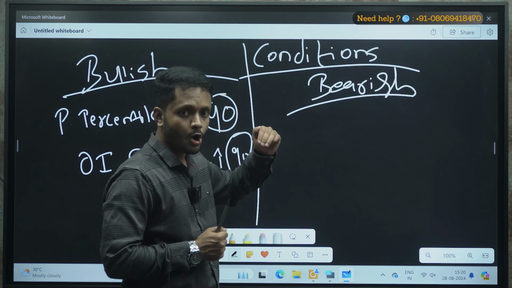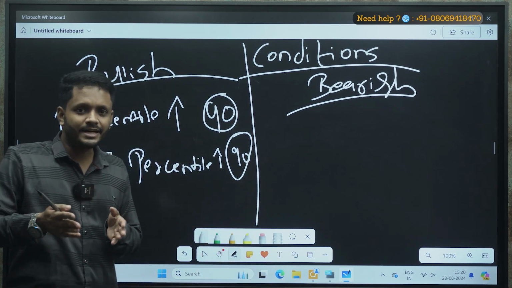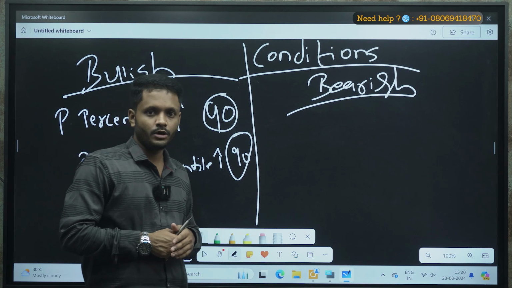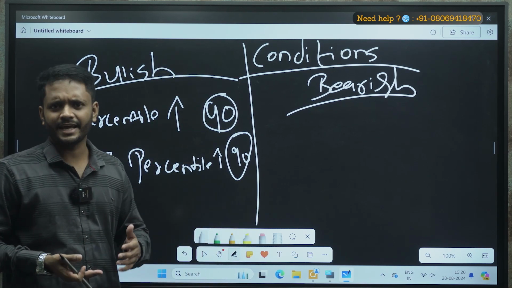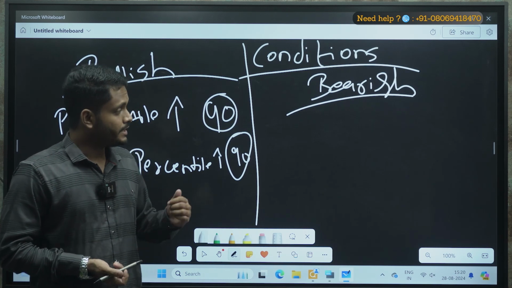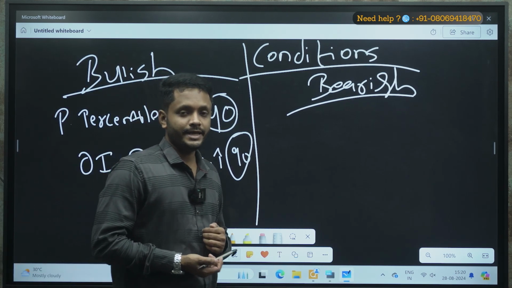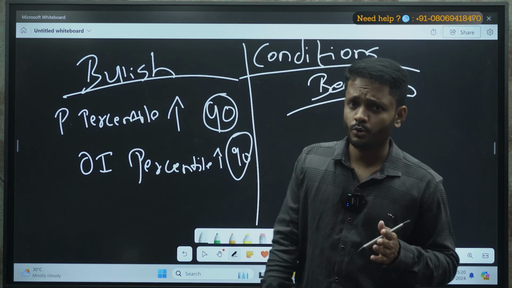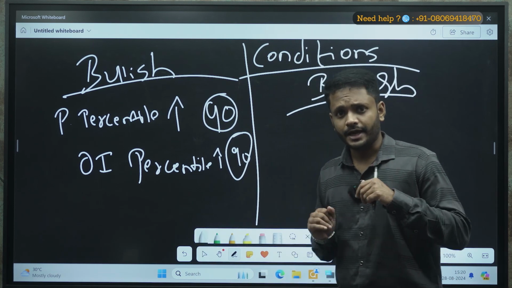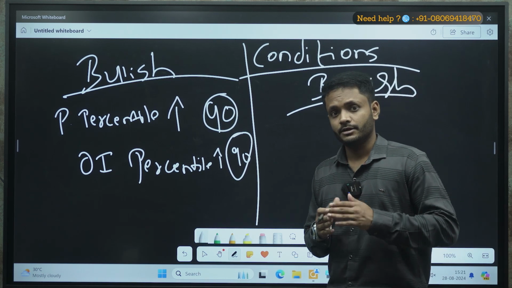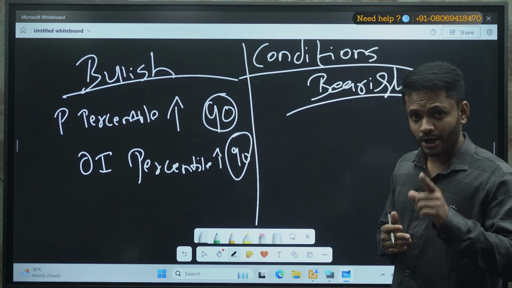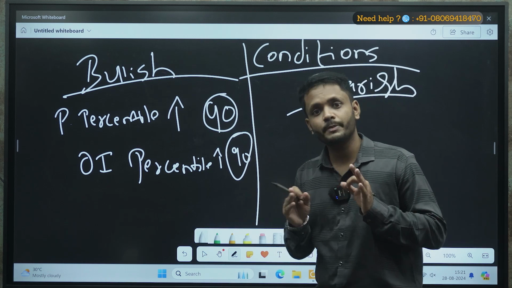Whenever the stock is somewhere near its previous swing low, the percentile will be somewhere close to 1, or say 10 or 15. At that point in time, you can plan a short trade. Now, if you are planning a short trade, what do you need? You need the price to go down, but along with that, the participation should be intact.